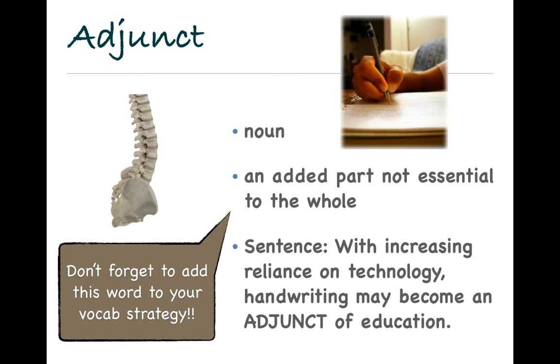And I don't know if you knew this, but your tailbone is actually an adjunct of the spinal cord. It no longer has a function. So something that's added and not essential would be adjunct. And remember, it's a noun, even though you might be tempted to use it as an adjective. Don't forget to add this word to your vocab strategy.